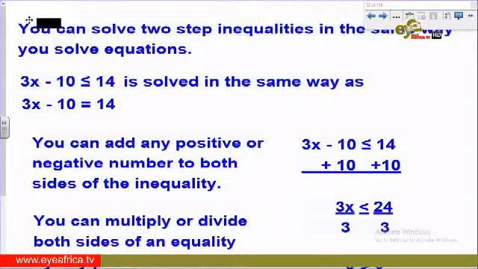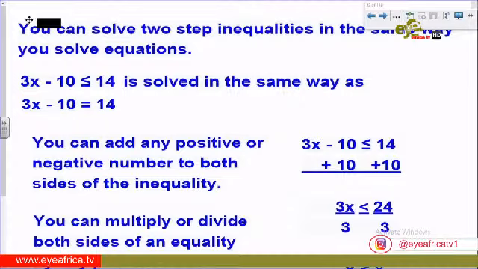The first example we have here is 3x minus 10 is less than or equal to 14. It is solved in the same way as 3x minus 10 equals 14. Look at these two: the inequality and the equation. You can see the only difference here is the equal sign and the inequality sign.